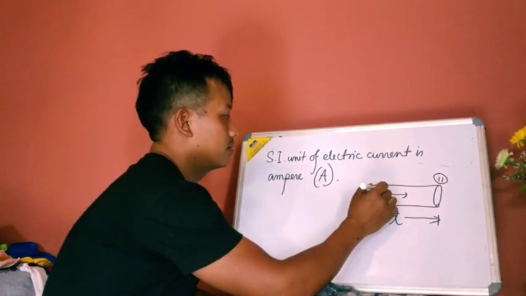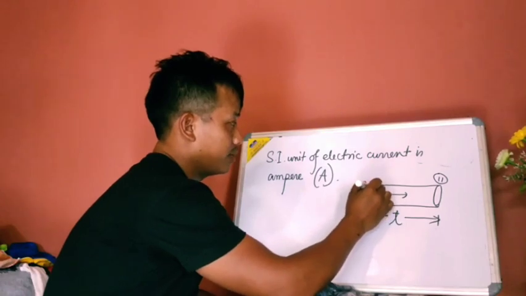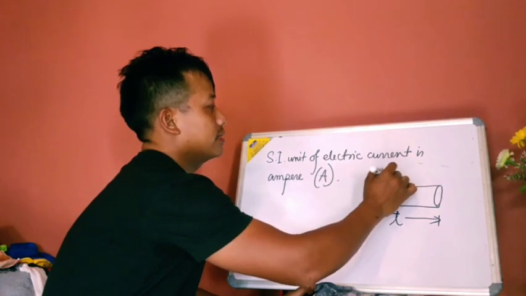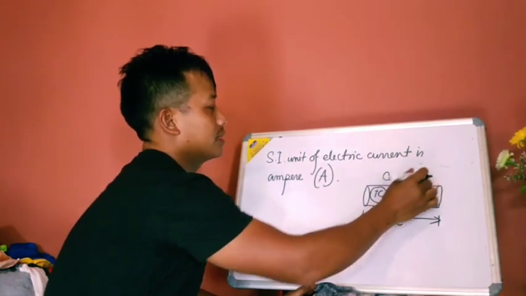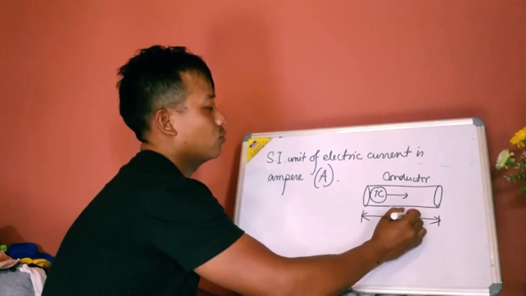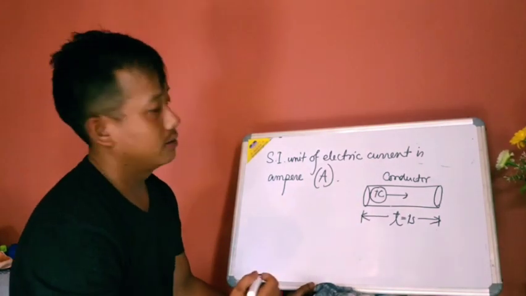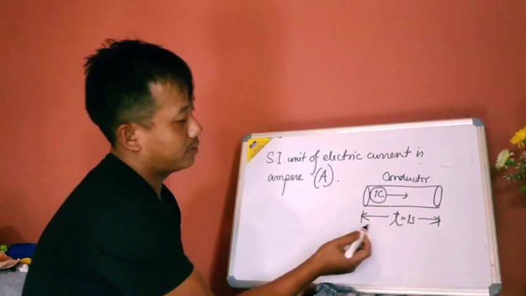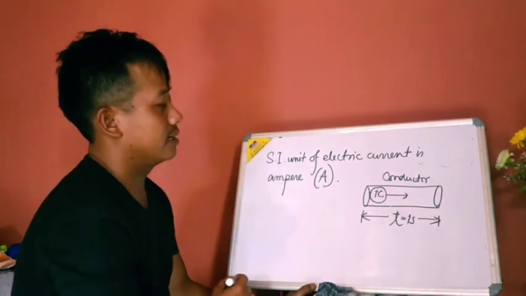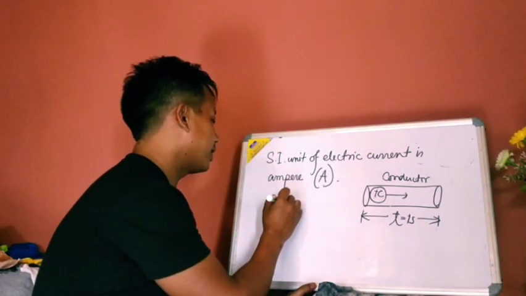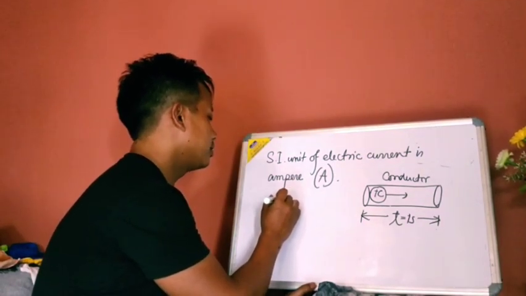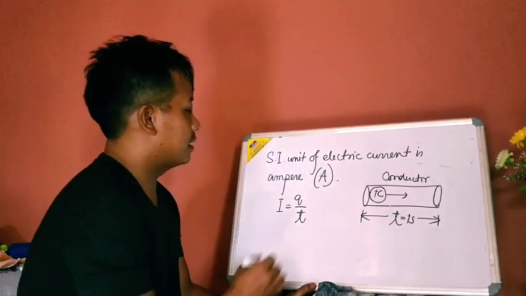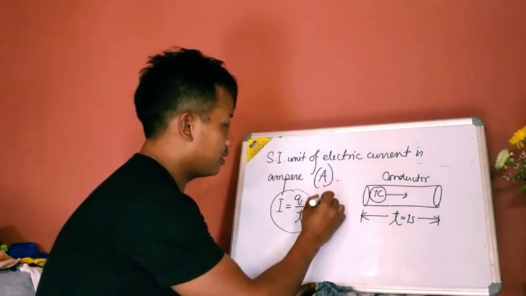Let us take 1 coulomb of charge moving through the conductor. If the time taken is 1 second, that is, if 1 coulomb of charge passes through the conductor in 1 second, then the current, I equal to q by t, is 1 ampere.